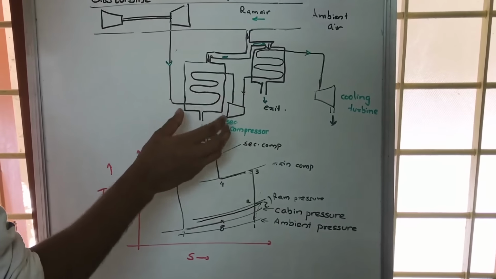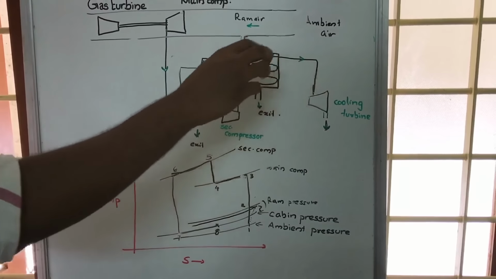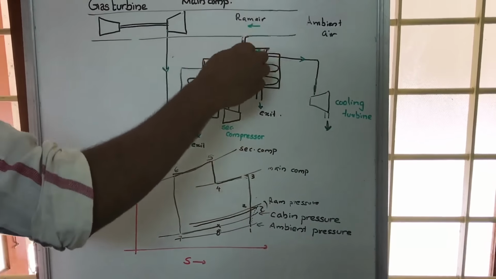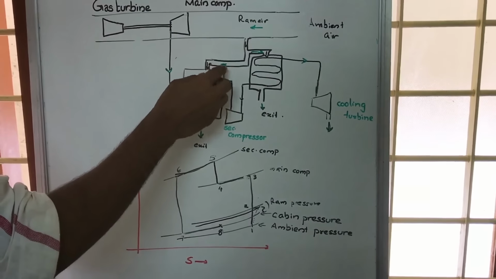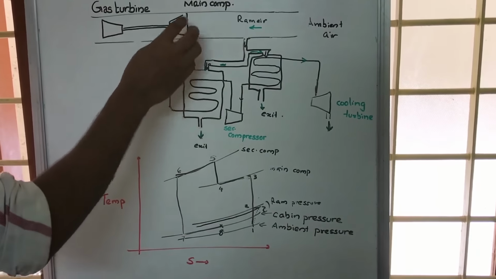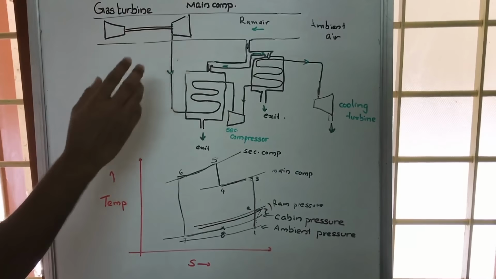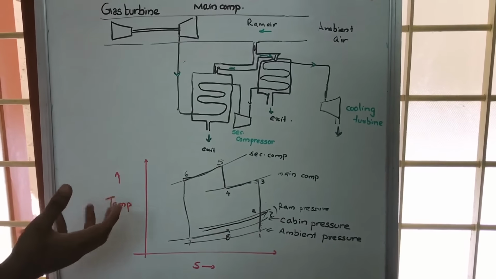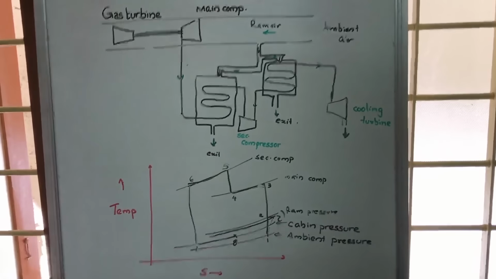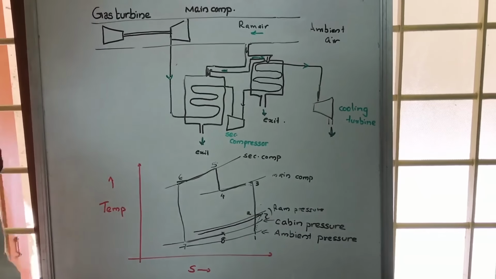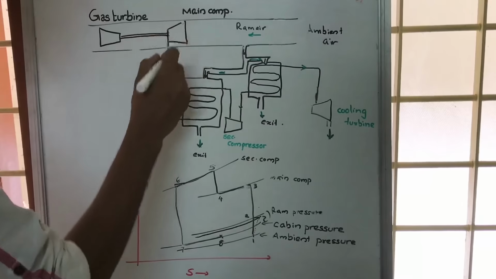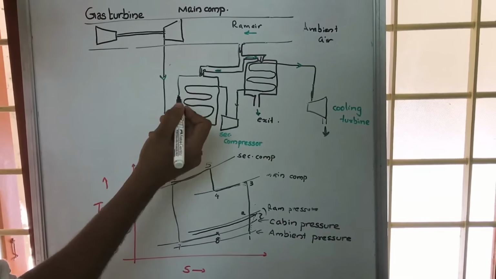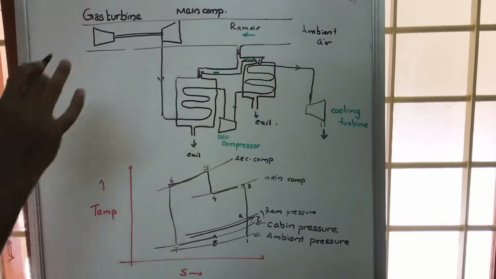And in the heat exchanger, this ambient air, usually it will be having low temperature. That low temperature air will be passed through this heat exchanger. It is already known that after compression the temperature increases, because pressure and temperature increase during compression. So the air coming out of this main compressor will be at a higher temperature compared to this ram air or ambient air.